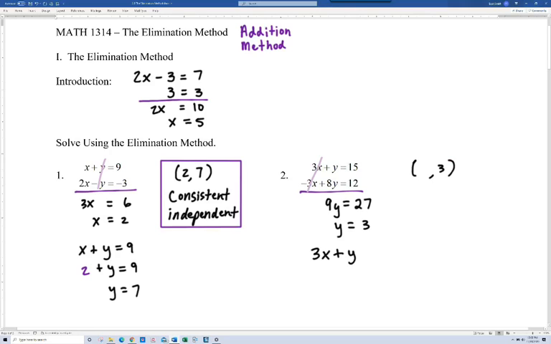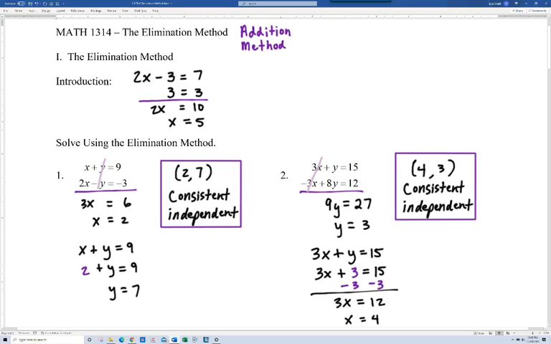So I'm going to go ahead and use the first equation, and I'm going to plug in 3 for y. So we'll subtract 3 on both sides, and you can see that x is 4. And so (4, 3) is our solution. Again, we're consistent and independent. All right, so I want to point something out here.